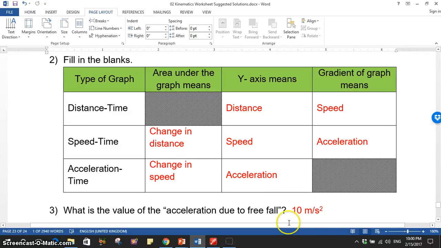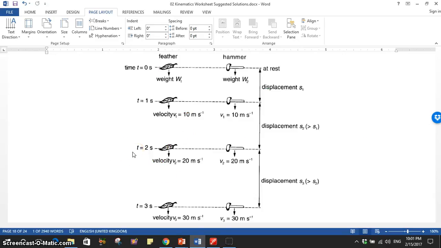The next value that you need to remember about acceleration is the acceleration due to free fall. It means that a falling object will experience constant acceleration. Let's take a look at the following diagram. We all know that in real life, a feather will reach the floor later than a hammer.